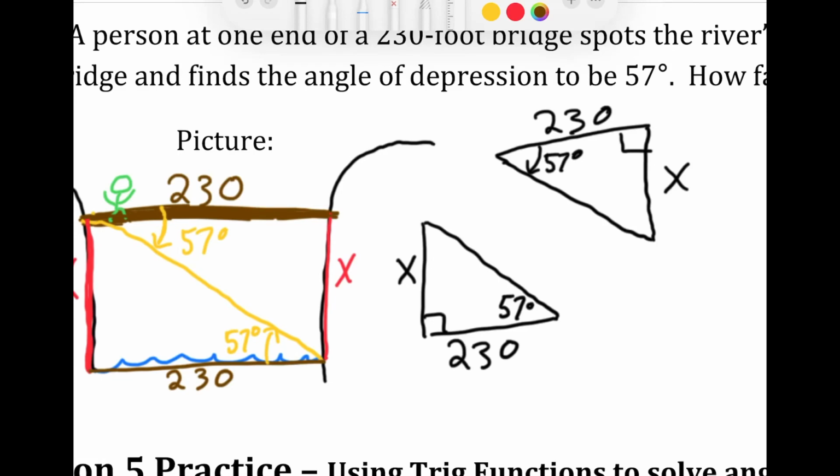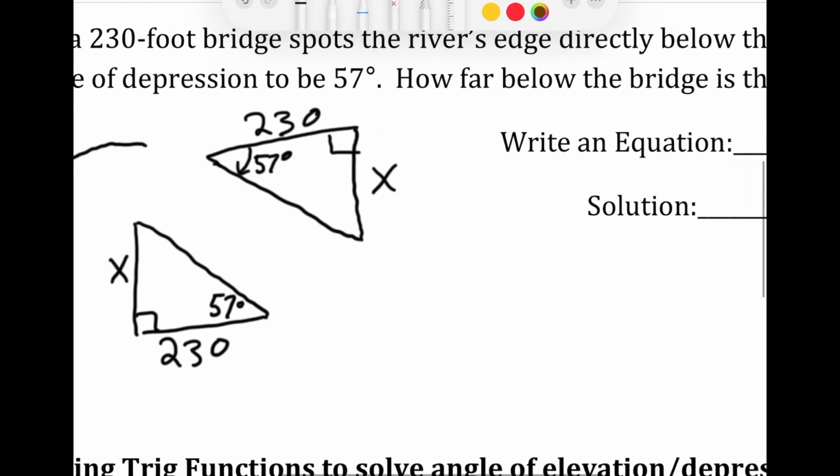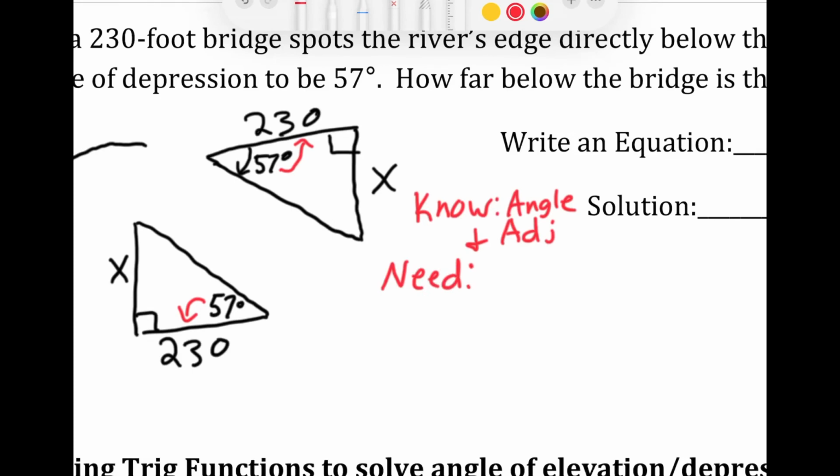Doesn't matter which one, you're using the same kind of information. So in each of these, you know the adjacent side from the angle given. So you know the angle and the adjacent side. We need to find out the opposite side of the given angle.